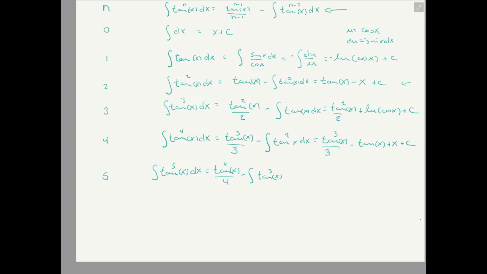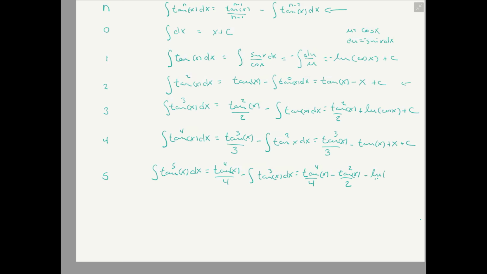And we can go on. We could build this table to infinity. Tangent to the fifth x dx equals tangent to the fourth x on 4 minus tangent to the third x dx, and we have that solved.